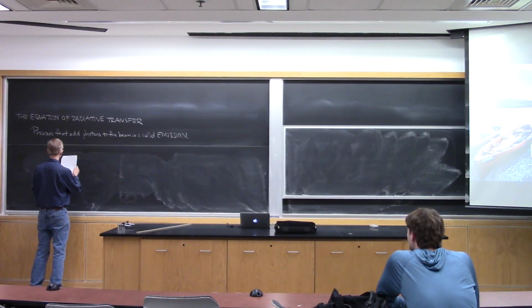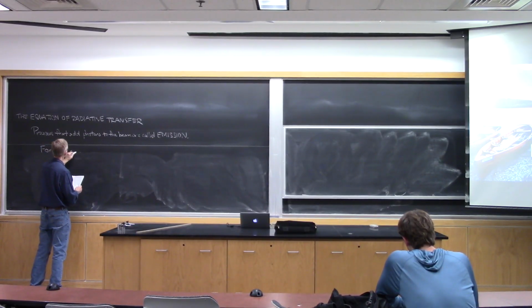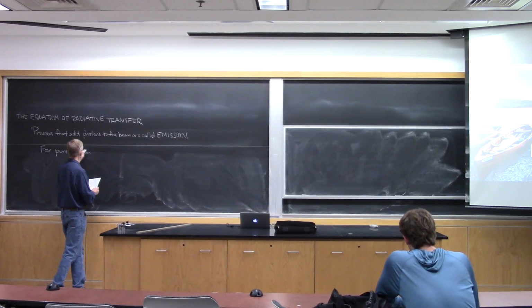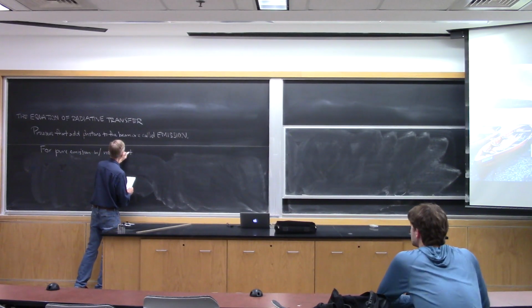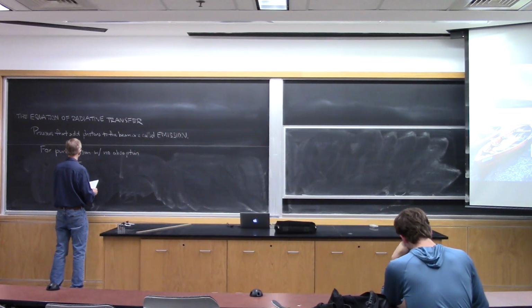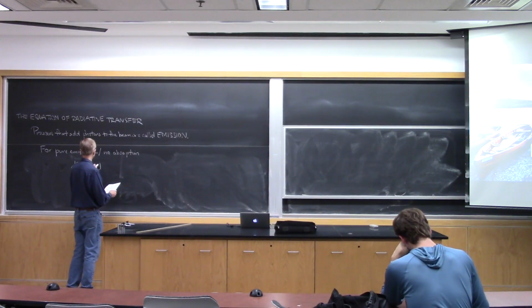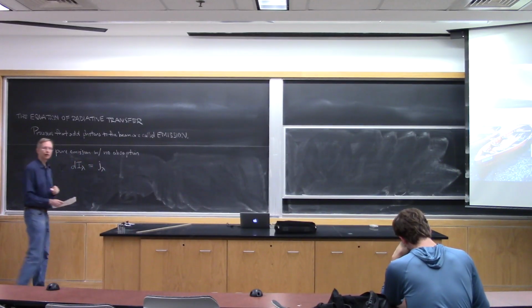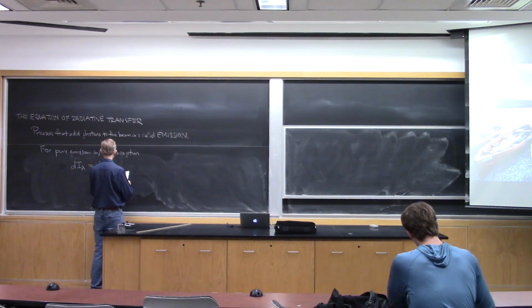All right. So, for pure emission, without absorption, then we'll say that dI_lambda, the change in specific intensity in the beam, will be J_lambda rho ds.